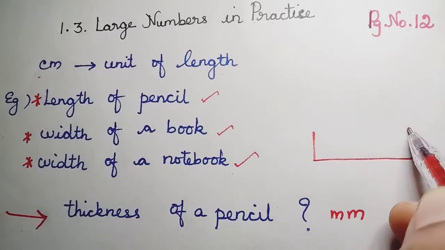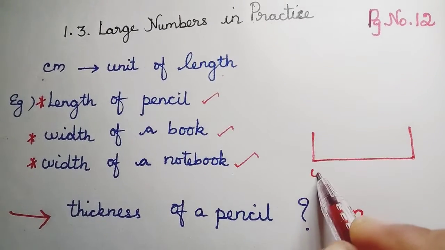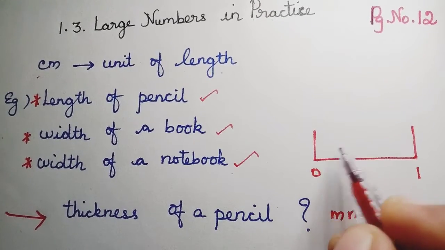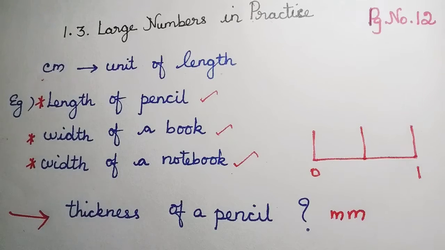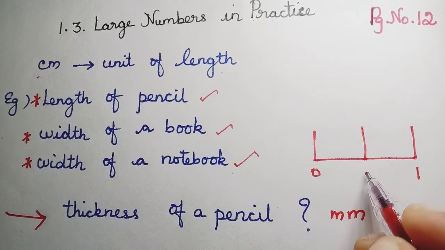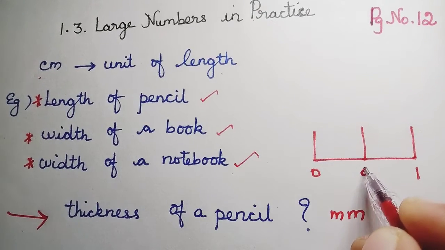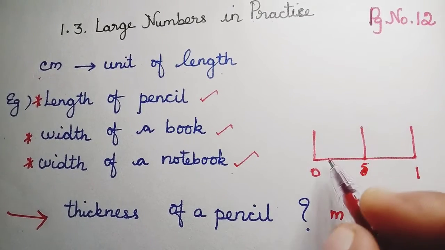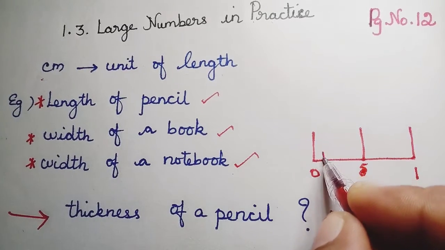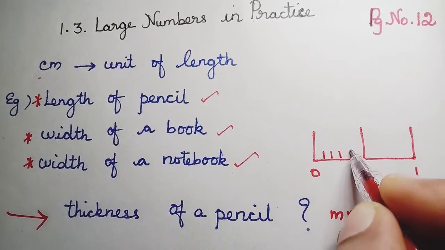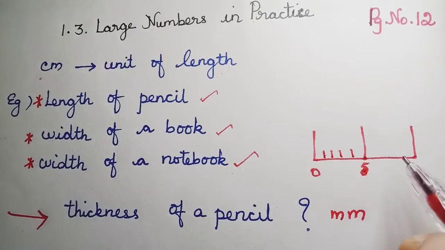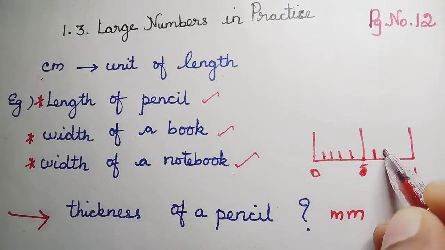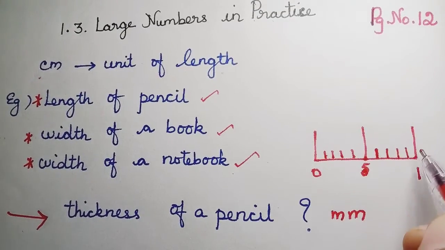So this is your scale. In the scale you have 0, 1, 2, etc. Here you have many sub scales. So this is the fifth unit. In between you have 1, 2, 3, 4, and this is the fifth one. In the same way you have a few more subdivisions like 6, 7, 8, 9, and 10.